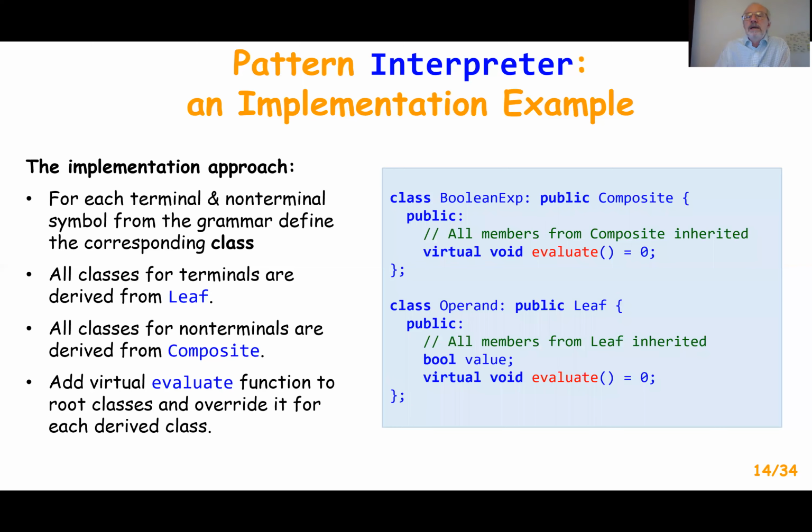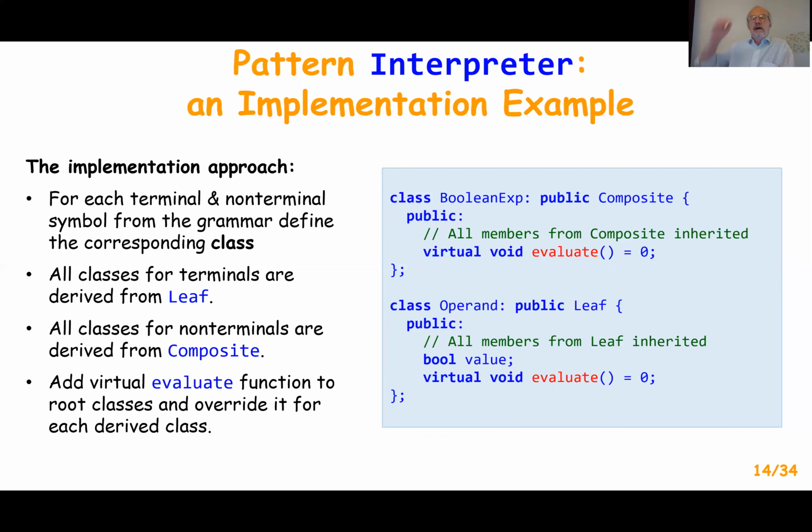And we have defined the corresponding class BooleanExp. It is a composite class, of course. It contains other objects as components, and therefore we have derived it from composite. Look at the body of the class. There is the only member of that class, the pure virtual function evaluate.